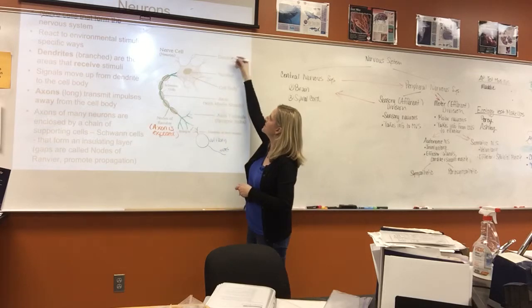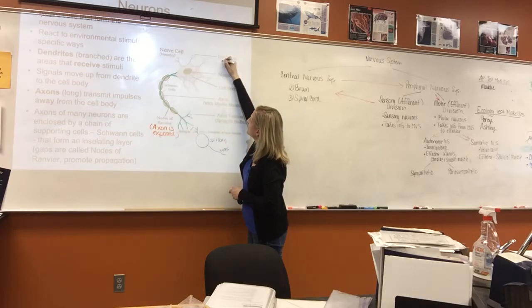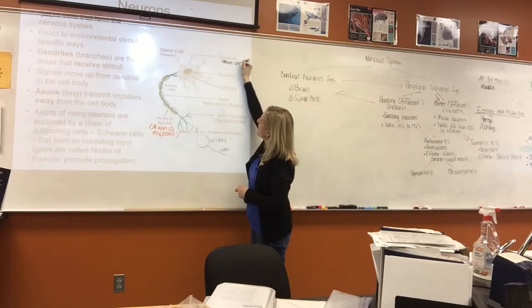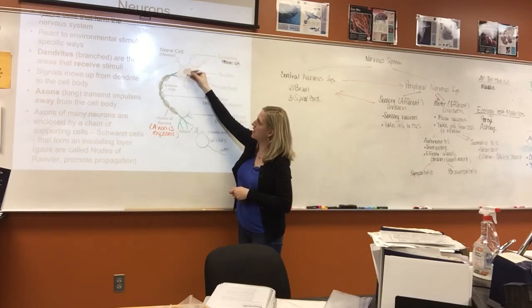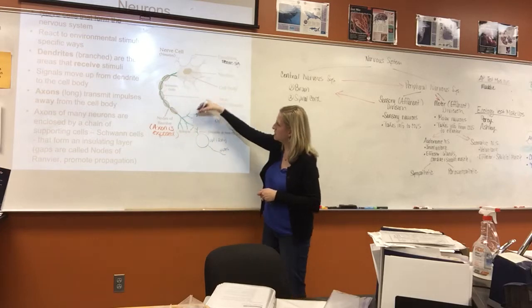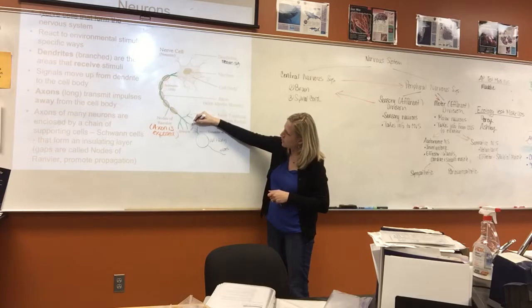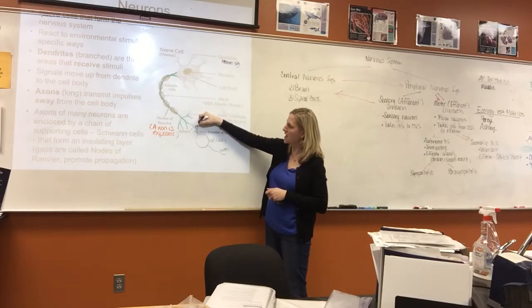So what happens is the dendrites receive the signal. The signal goes to the cell body, down the axon, to the synaptic terminal. This area where this cell is going to communicate with this cell is called the synapse. They're not touching here.